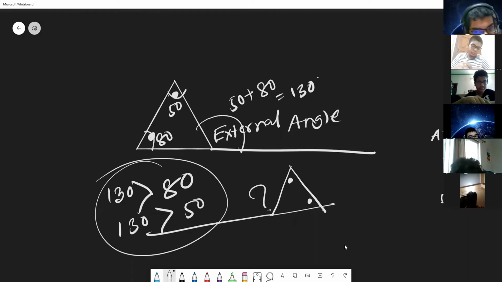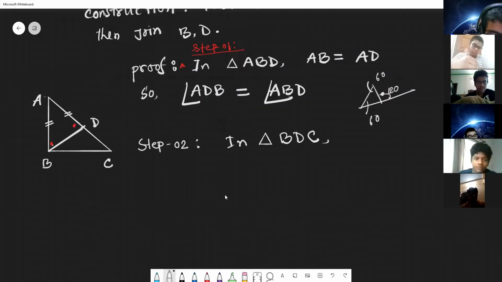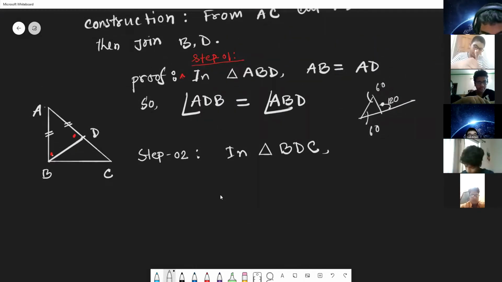So by using this condition, we can write here ABD, ADB, this is the external angle.